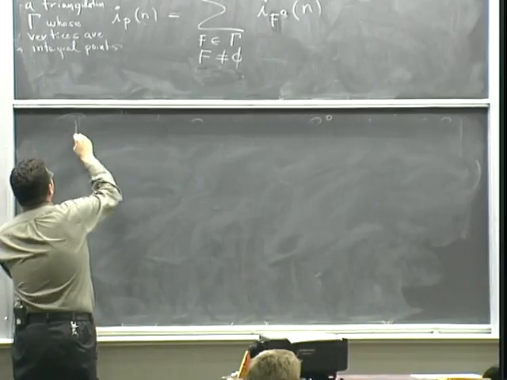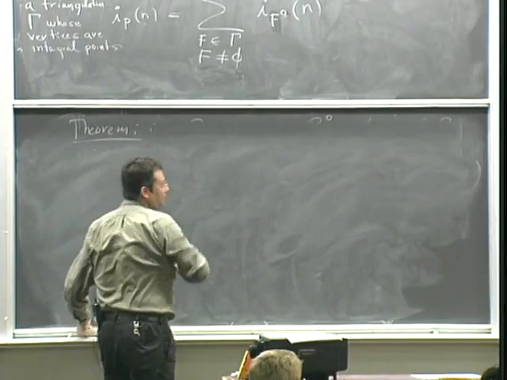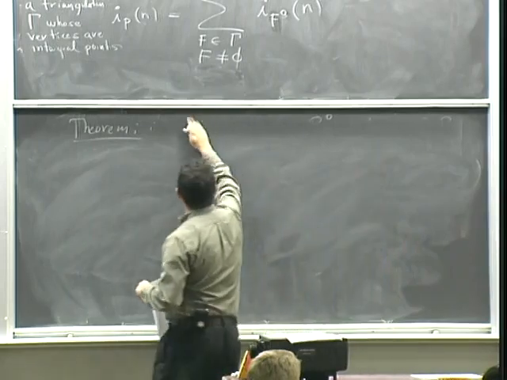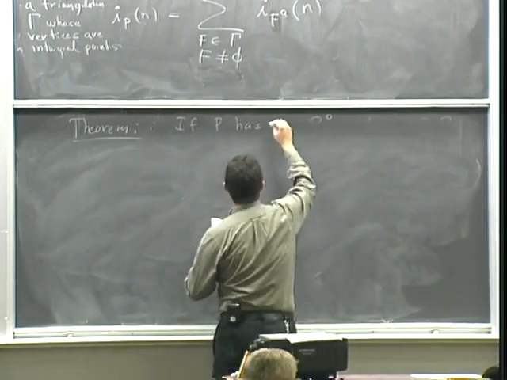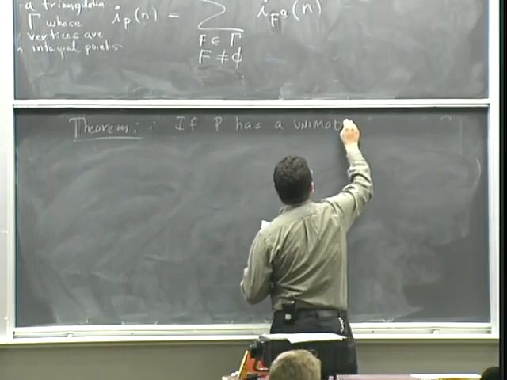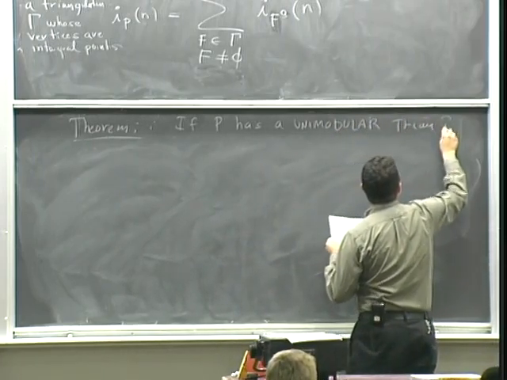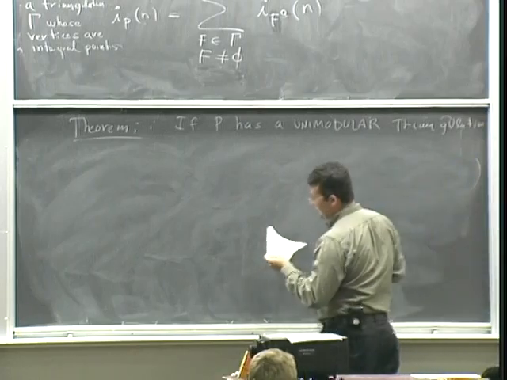So, theorem. If the polytope P has a unimodular triangulation, let's give it a name because we need that.